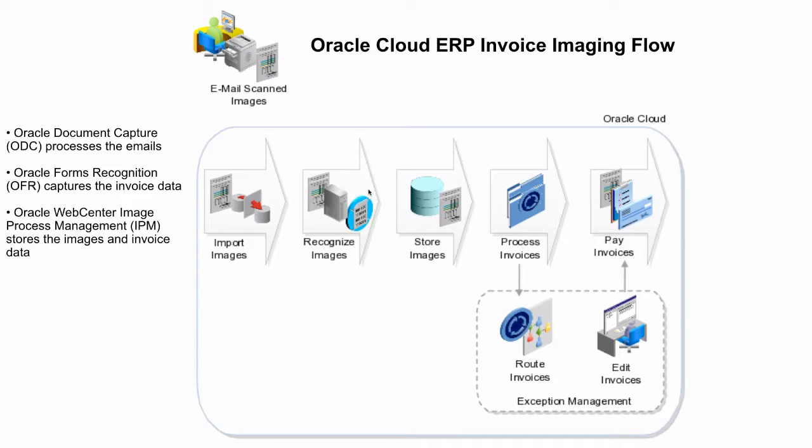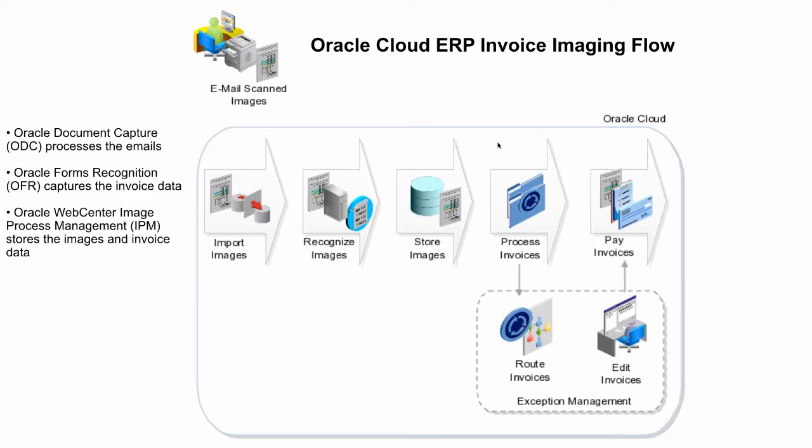It goes through a recognition process using some Oracle recognition software. The image is stored in a content management solution that's built into the Oracle ERP stack, and then it's essentially turned into an invoice if the document was read successfully.